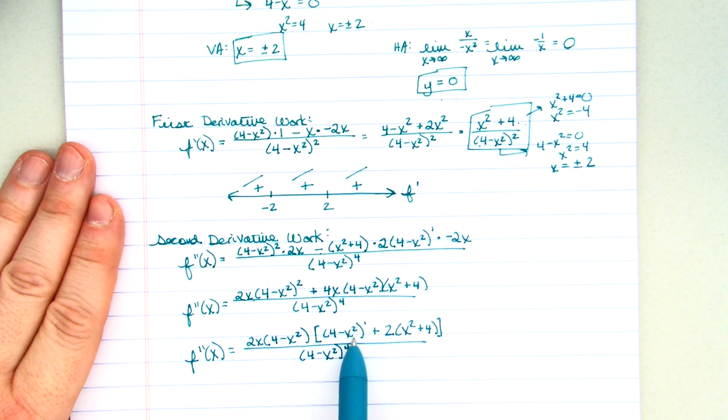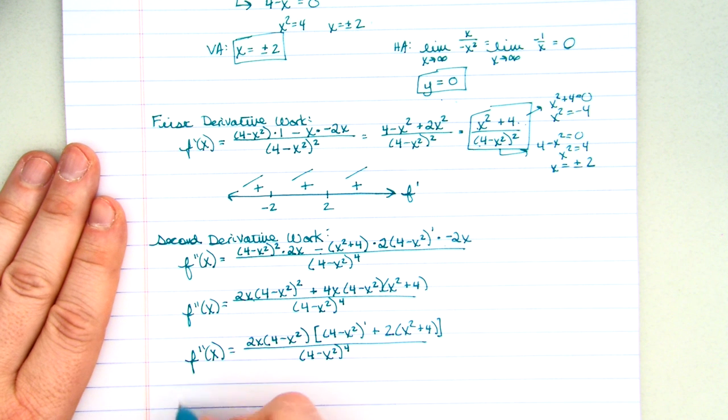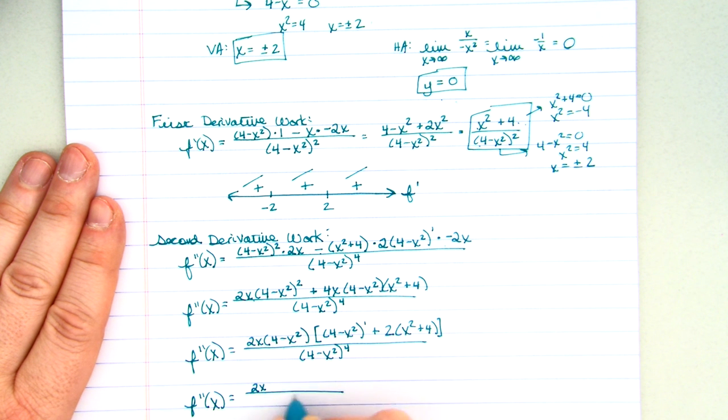Let's see. I'm going to distribute and combine like terms here. Over here, I might as well deal with my 4 minus x squared over (4 minus x squared) to the 4th. I can make one of those cancel, giving me (4 minus x squared) to the 3rd on the bottom. F double prime of x equals, okay, let's see, 2x. In the denominator, I've got (4 minus x squared) cubed.